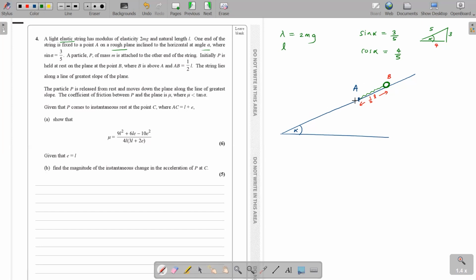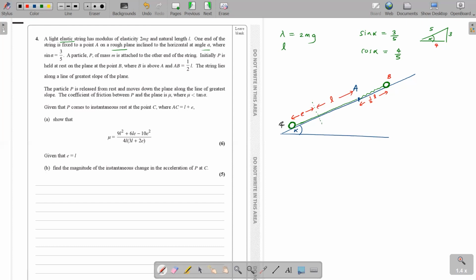So when I draw this particle, this goes to the other side. We'll say this length is L, and let's say this length is e. So this is the point C, the maximum distance that the particle goes down the plane.